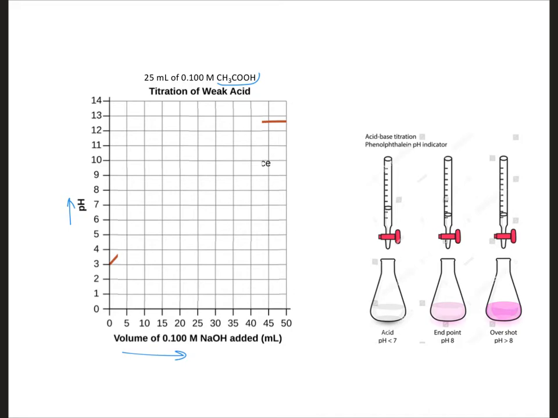As we add that sodium hydroxide, what we're doing with a weak acid is setting up a buffer system, because we are now going to have some amount of acetic acid and its conjugate base, acetate. And so both of those are going to be in solution. So we're not going to have the rapid transition where we just immediately go to the equivalence point. Because we're setting up a buffer system, we're going to have a narrow window where the pH isn't going to change very much.